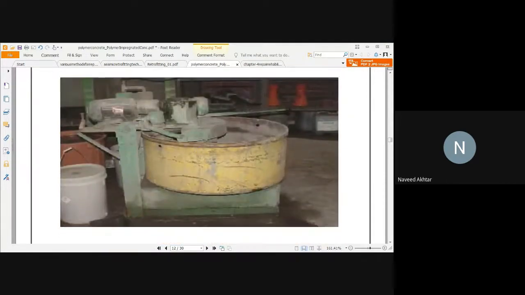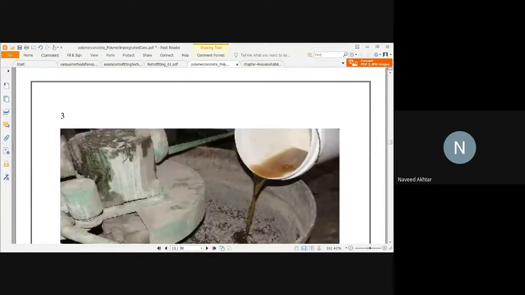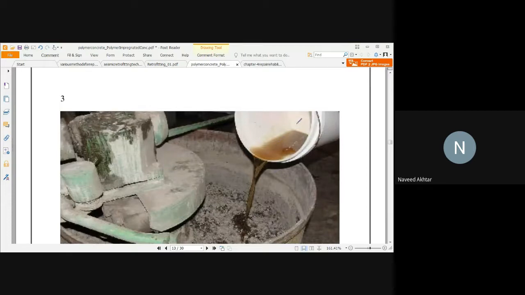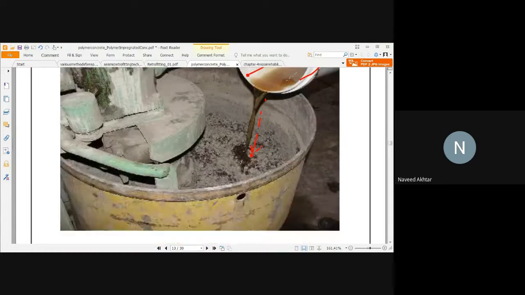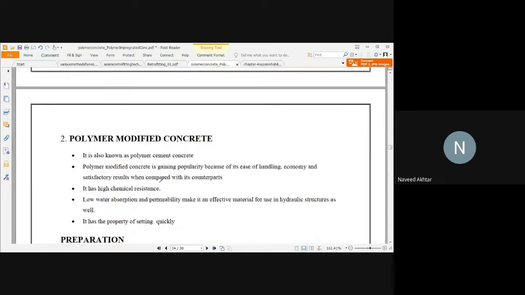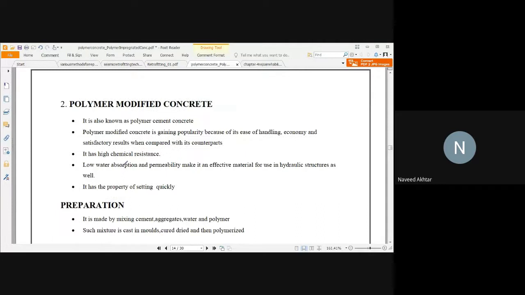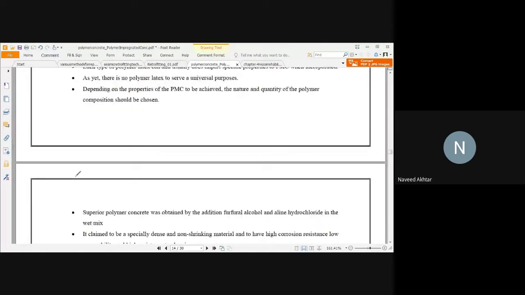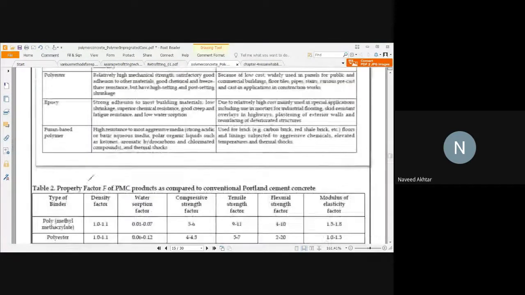The mixing is done with the activator solution, with admixture if needed, added to the dry mix and the concrete is prepared. You can see very lean concrete and sometimes very harsh concrete. It depends on how much activator solution you are using, and that also affects the workability of your concrete.